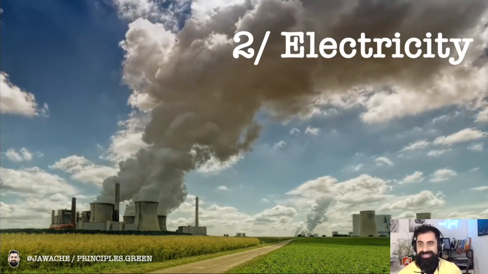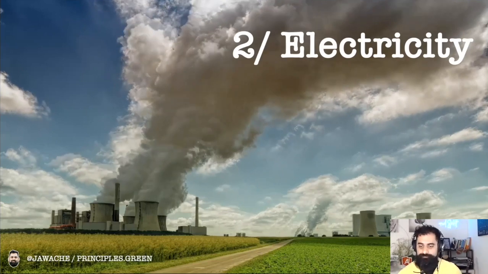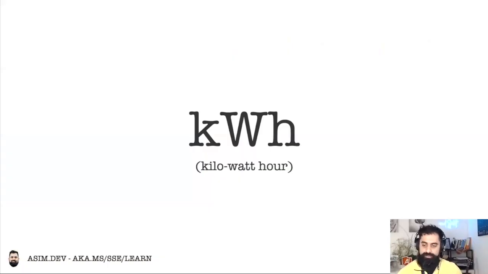I think the key thing to understand is how you measure it. There are a couple of different ways of measuring it. The term you might hear a lot is kilowatt hour, and a kilowatt hour is a volume of electricity. A joule is a volume of electricity.